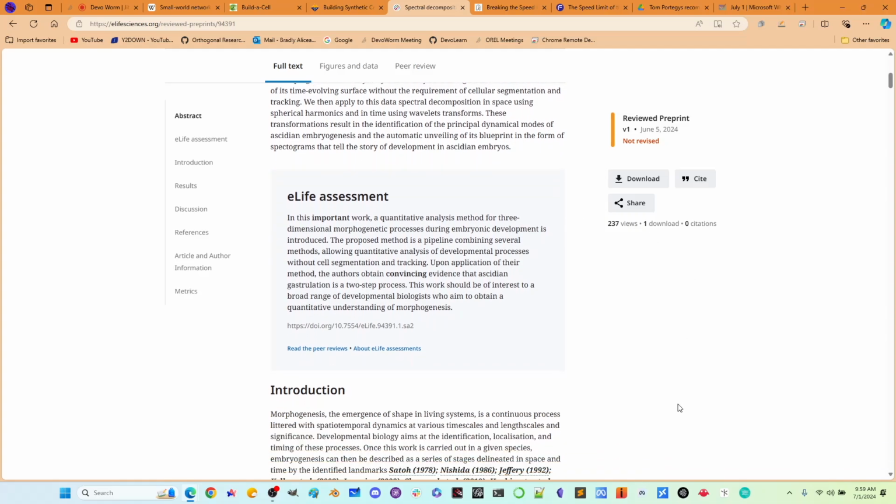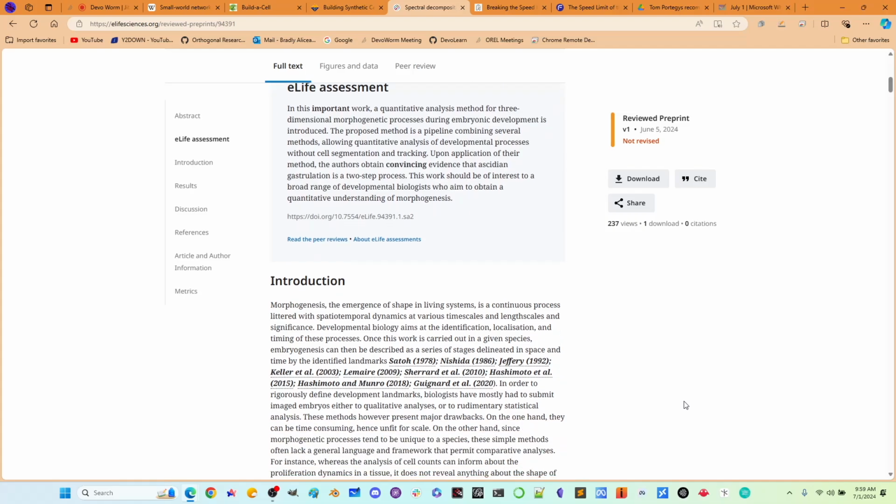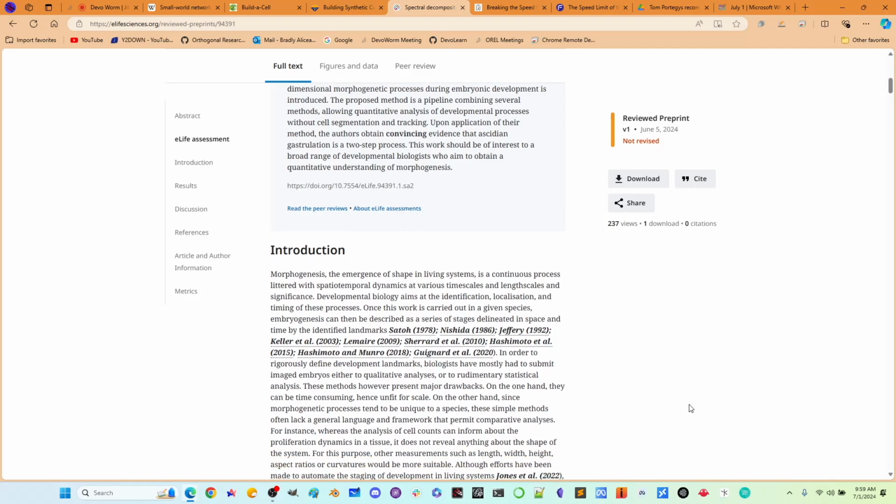So this is a lot of dynamical systems analysis, looking at the dynamics of the embryos instead of using the kind of features that we're used to using. The feature-based approach is easier to implement, but it doesn't give us the same information. They talk about this approach: embryogenesis can be described as a series of stages delineated in space and time by identified landmarks, and that's the standard in the field.